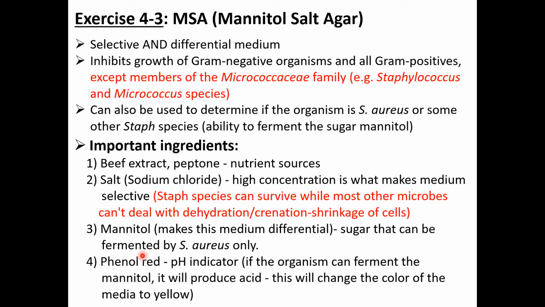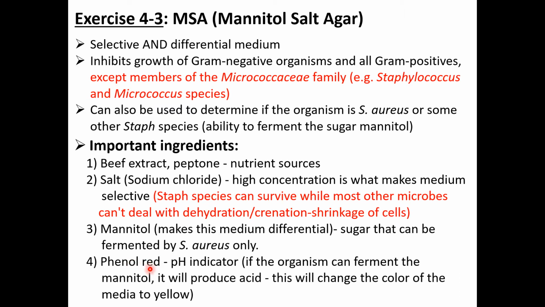So this plate would also be red, but it will be red because there is something called phenol red in it. And phenol red is a pH indicator. Phenol red is actually red at neutral pH. So all plates, all media that we start with, are at neutral pH. Okay. And then if there is fermentation, it means that the pH dropped, and it dropped a lot.